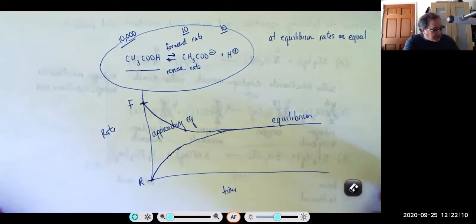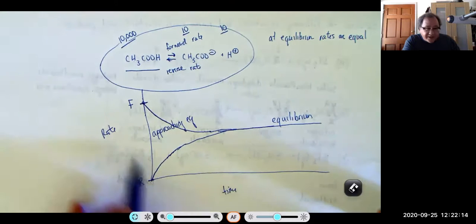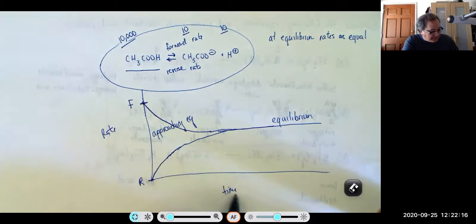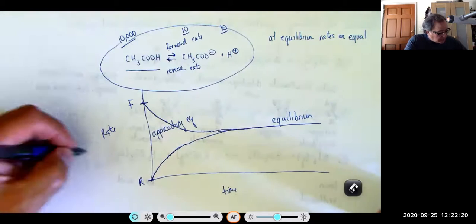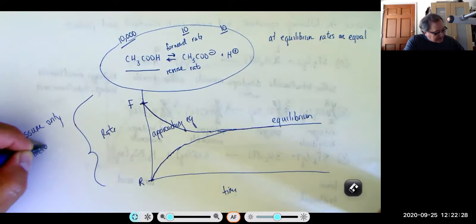So I want you to imagine if we take a look at a graph of the rate of reaction over time, and we assume for this graph that we have only reactant at the beginning.